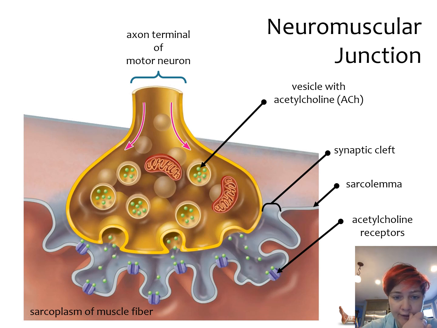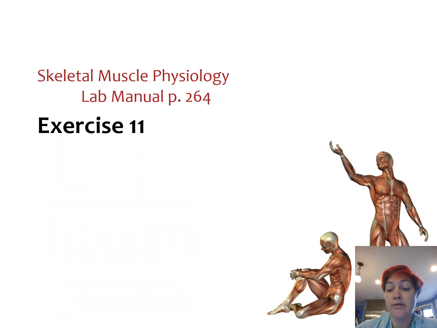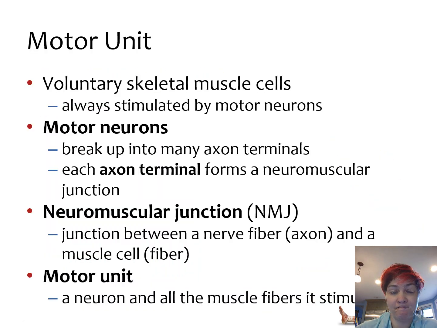Just to remind you, these receptors are happening in the sarcoplasma of the muscle fiber. We're going to talk about this a little bit more. This used to be 2 different labs. This is a review of what we just went over, which is voluntary skeletal muscles. They are stimulated by motor neurons. These motor neurons break up into many axon terminals, of which each forms a neuromuscular junction.